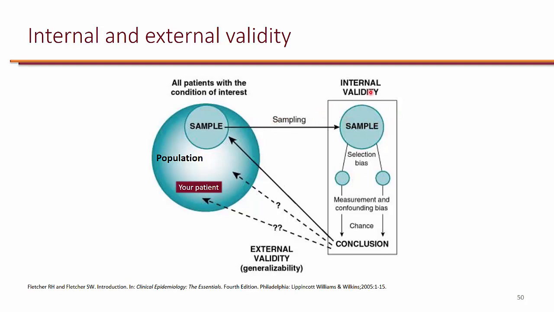And then once we do the study, we have to make sure that we have good internal validity in the study. When you look at the two groups, you want to avoid various types of bias, such as selection bias, measurement and confounding bias. So you want to make sure that the two groups are equal. We want to make sure the study is randomized, and we want to make sure there is blinding.